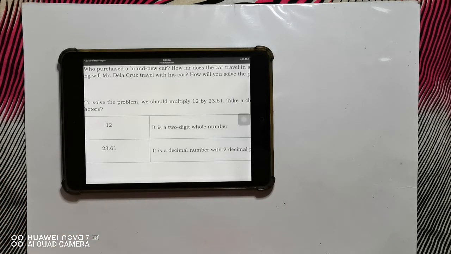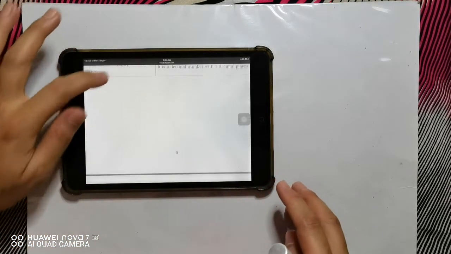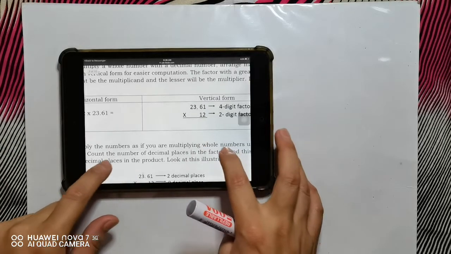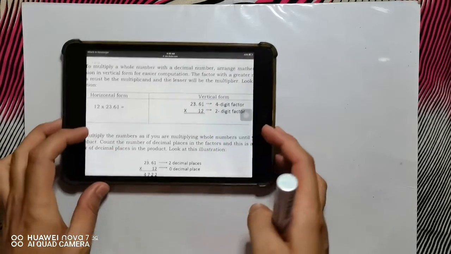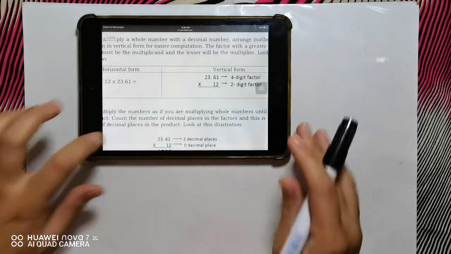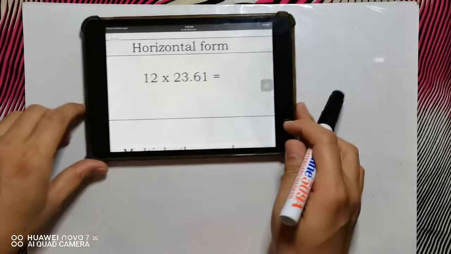Now, what is the operation? So, the operation, as we have said in our title, in the topic, it is about multiplication of decimals. So, syempre, gagamitin natin ay multiplication. So, how is that? Ganito. There are two ways wherein you can solve this. Kaya lang, syempre, doon tayo sa mas madali. Pakita lang natin kung paano. In horizontal form, ganito yung mangyayari.